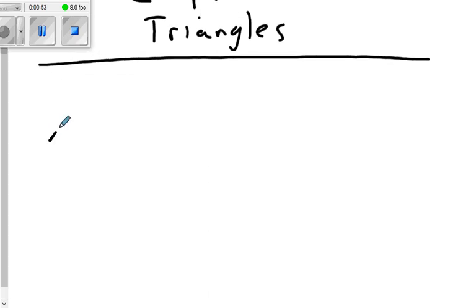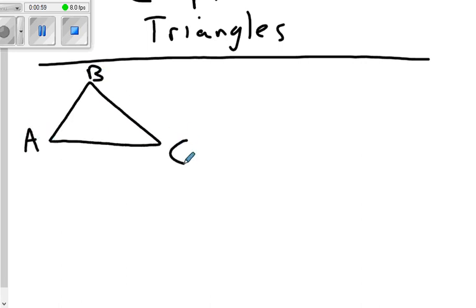So you still have a triangle. And your sine law and cosine law are still the exact same.